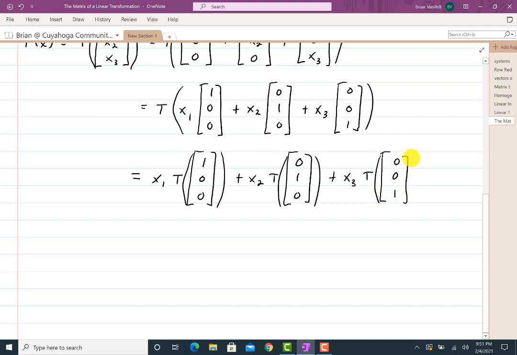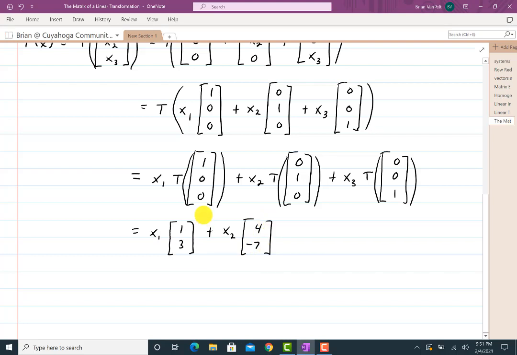Now, I do know what each of these is equal to, so let me go ahead and put them in. x1 times, now T of 1, 0, 0 was given as 1, 3. And T of 0, 1, 0 was 4, negative 7.